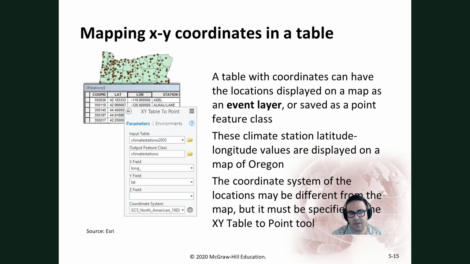So in this case, we have latitude, longitude, and those are used for X and Y. And then of course, we have to identify what will be the coordinate system. In this case, the coordinate system is the geographic coordinate system, North America, 1983. So after we do that, and then we create the point feature set, we can work on the point feature set. We cannot work on that table because that's not spatial data.